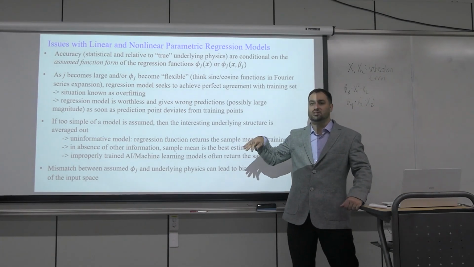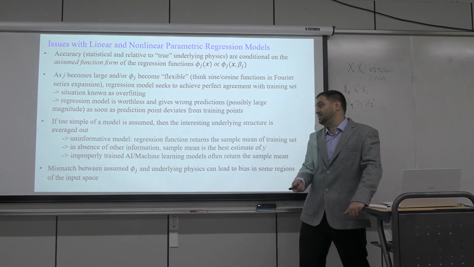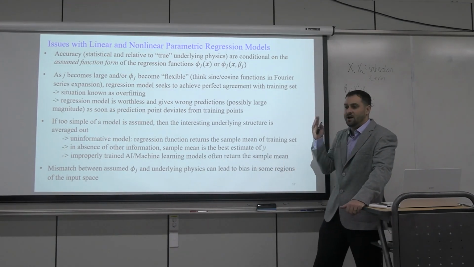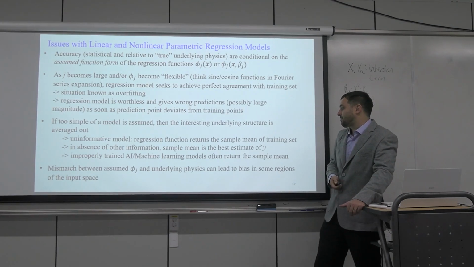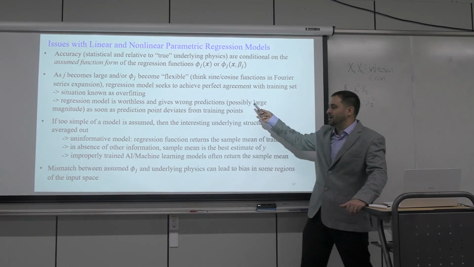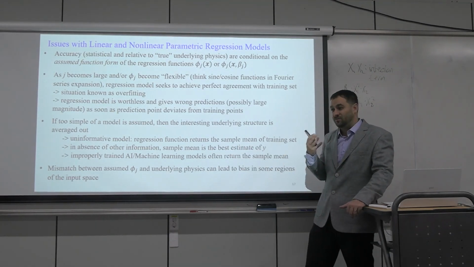Sometimes those models just return the sample mean, and that's the uninformative model if the training isn't done properly. So an overfit model and also uninformative models aren't very useful.